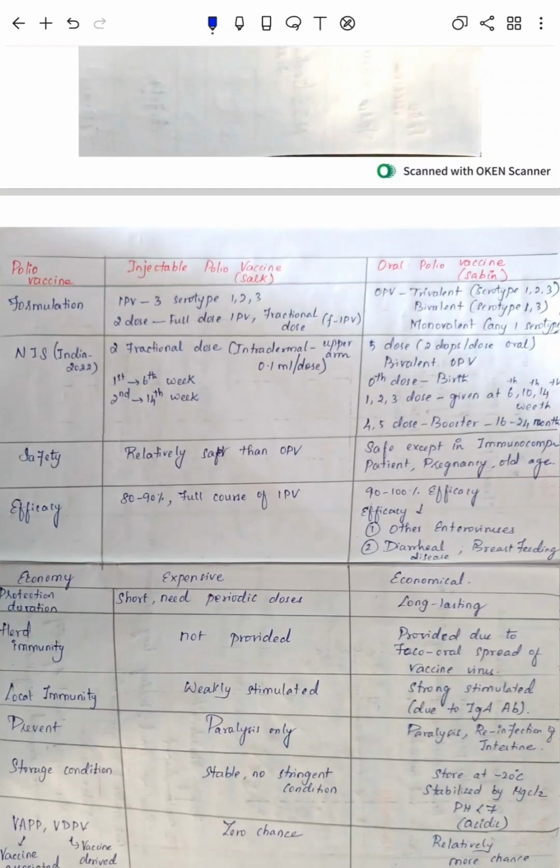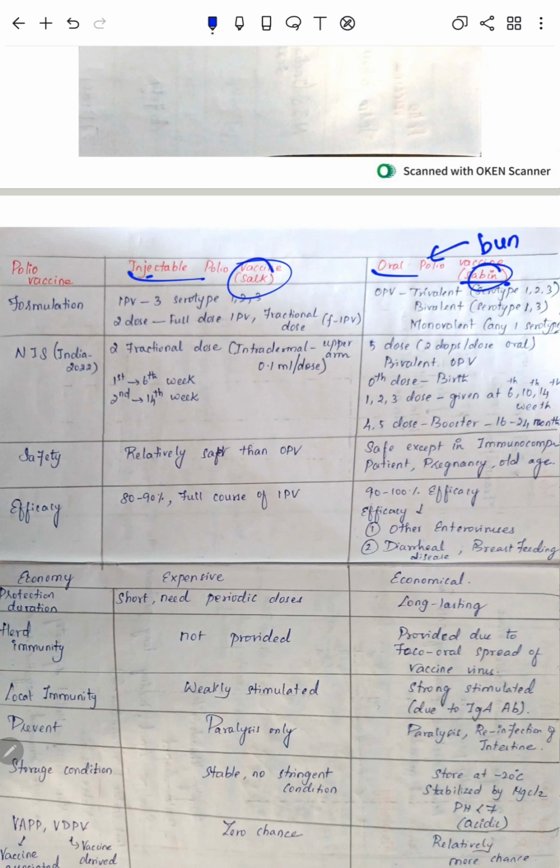Polio vaccine is available in 2 forms, injectable form and oral form. Injectable form is Salk, oral form is Sabin. You remember it like bun: we eat the bun through the mouth, so Sabin is oral, Salk is injectable.